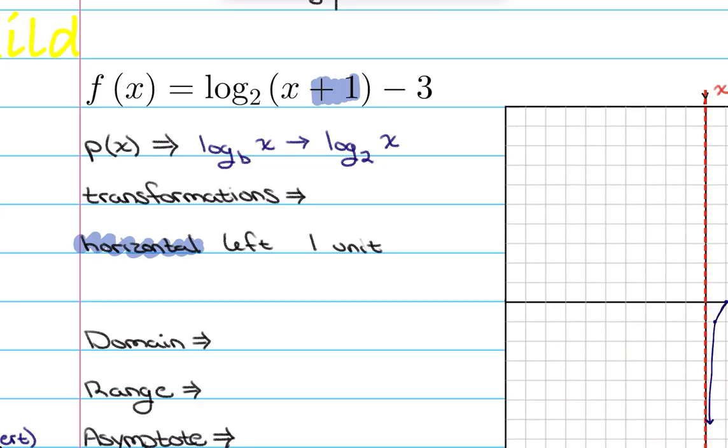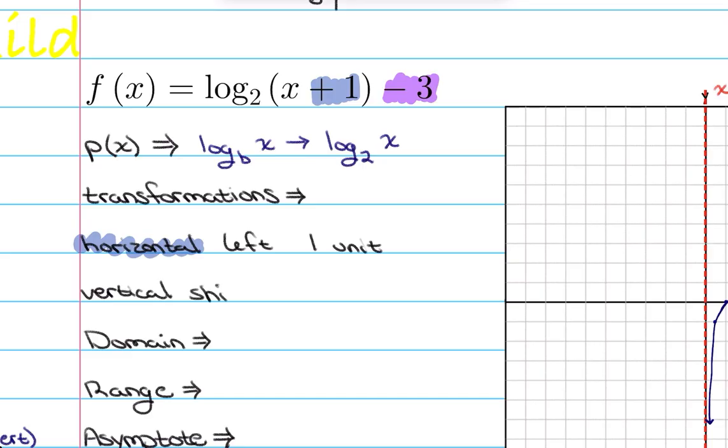Then, see what else is different? I see this -3. It is acting on the function as a whole. It's not inside the parentheses. It is acting on the logarithm as a whole, remember, that's my parent function. Since it's acting on the whole thing, I know that means vertical.